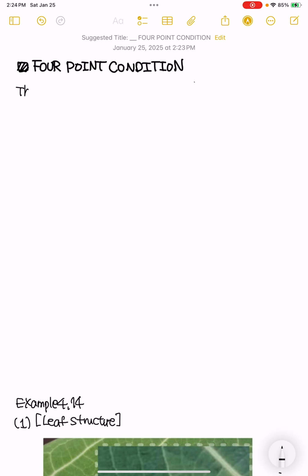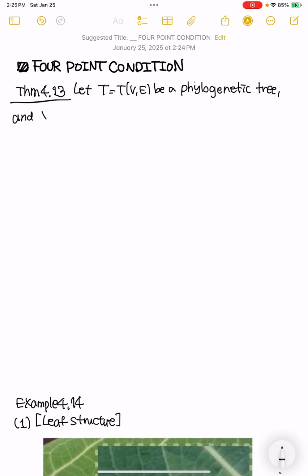Okay, let's see the four-point condition theorem. Let T be a phylogenetic tree and X, Y, G, and W be leaves.